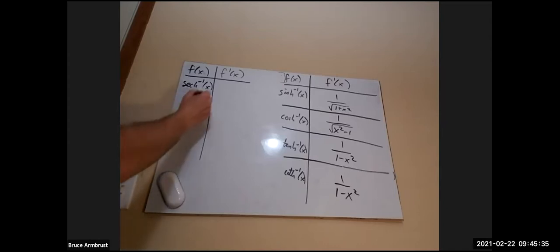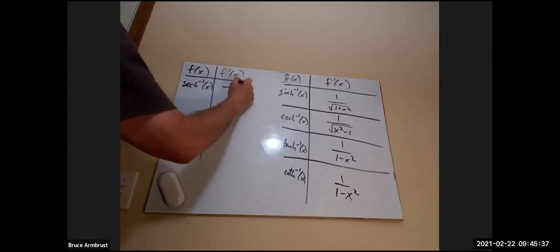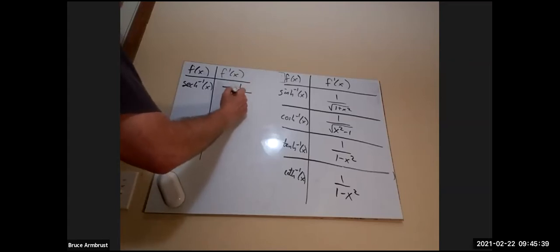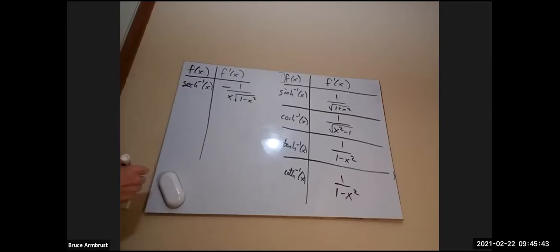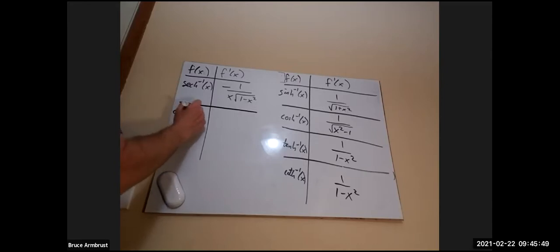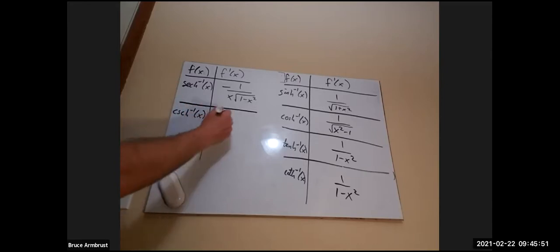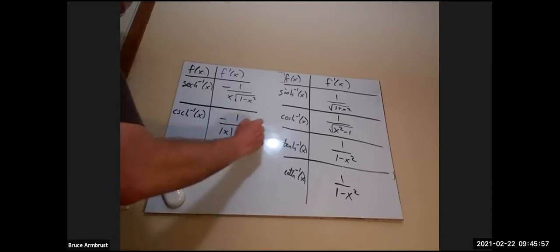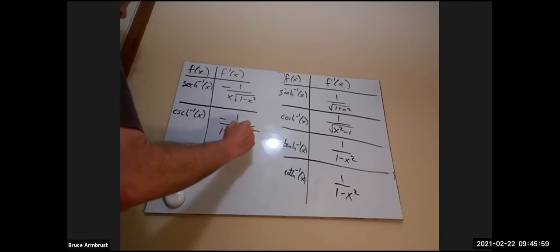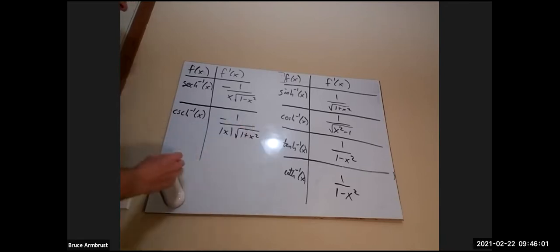Sech inverse is minus 1 over x times the square root of 1 minus x squared. And csch inverse is minus 1 over the absolute value of x times the square root of 1 plus x squared, obviously.